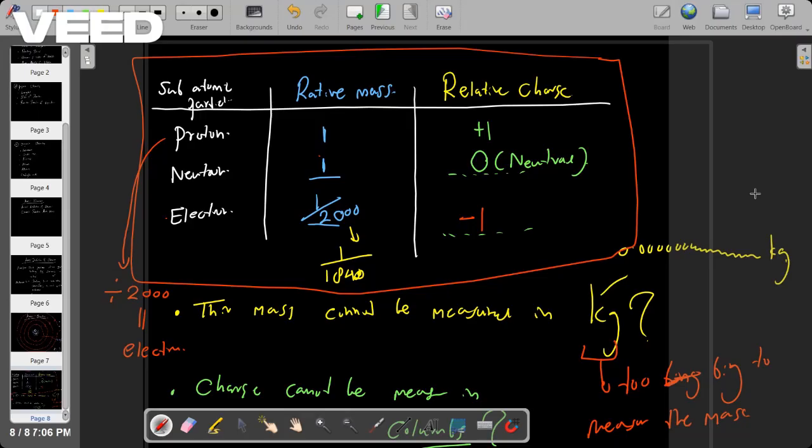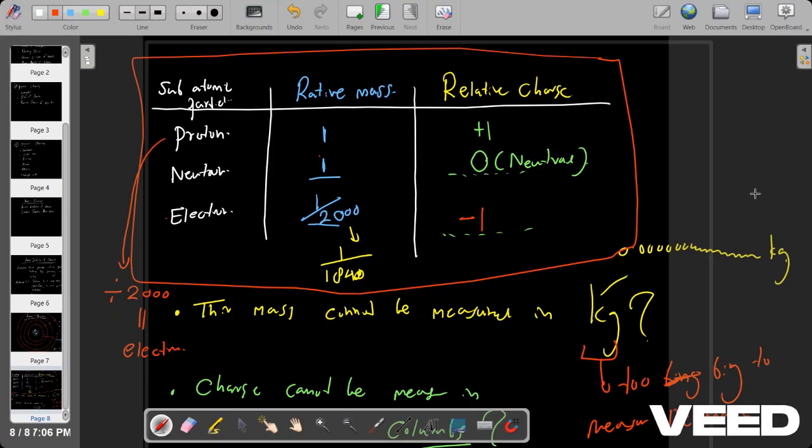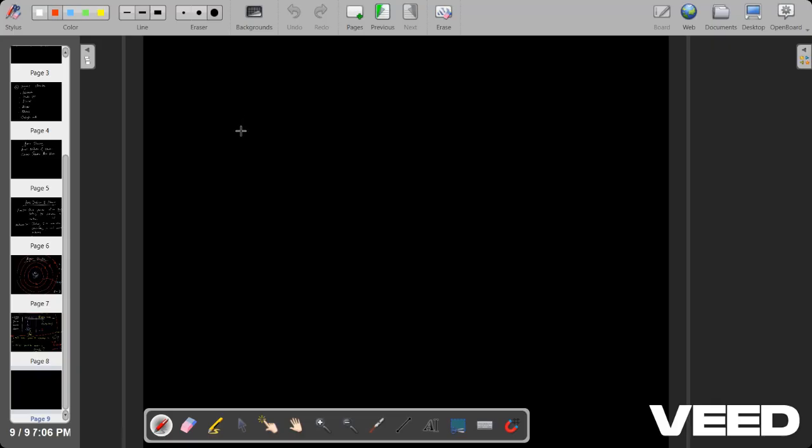Now let's move on to another interesting one. There are a bit of calculations. Put the heading as calculating protons, neutrons, and electrons.